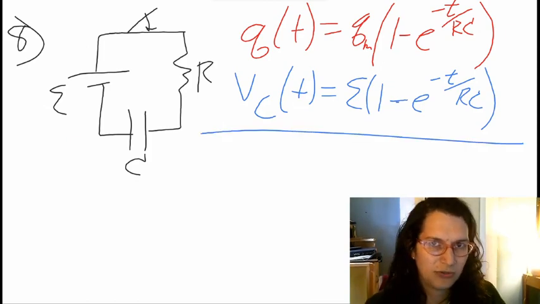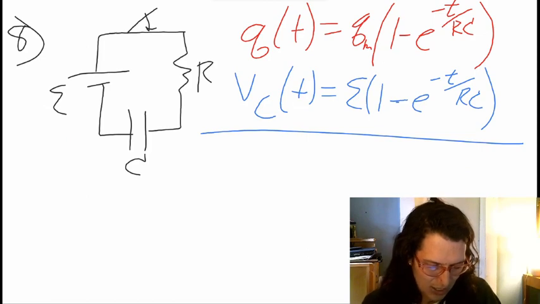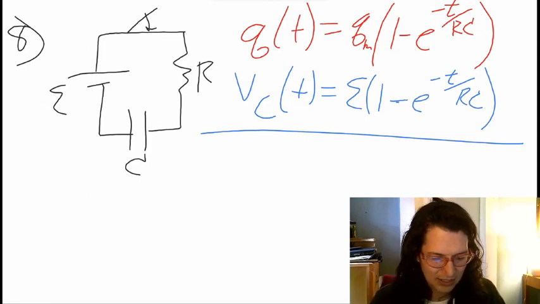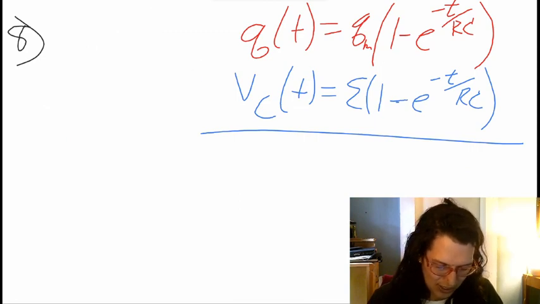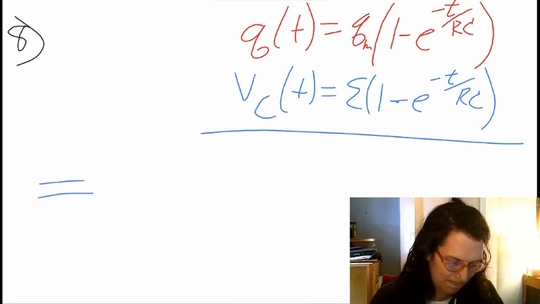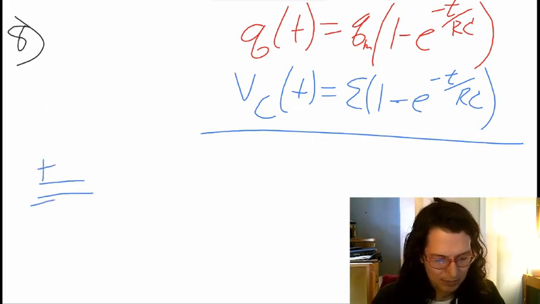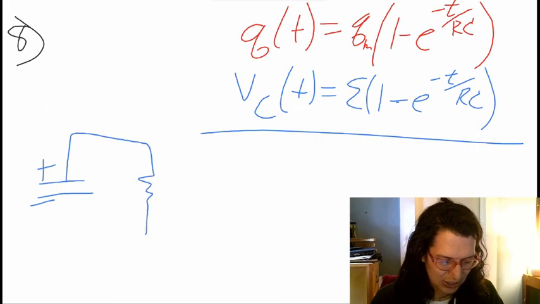You can also discharge a capacitor. In this case, you'd have a capacitor that is already charged up, with some positive charge and negative charge, and you plug that capacitor into a resistor.